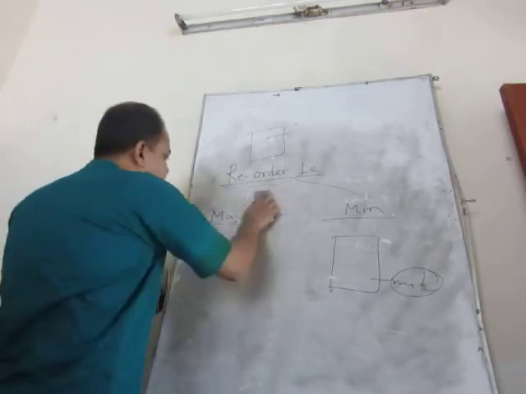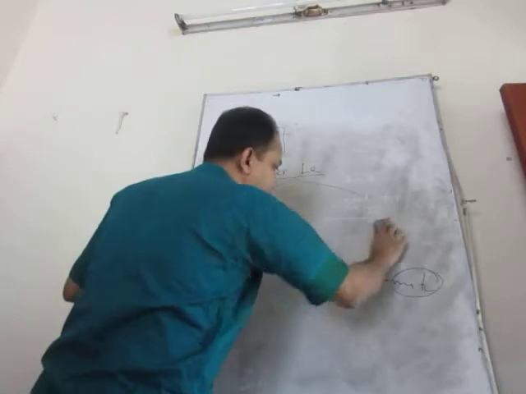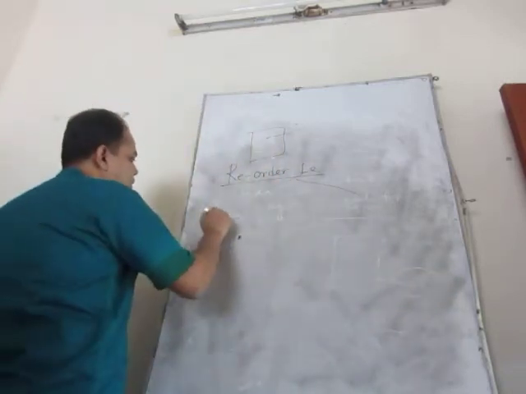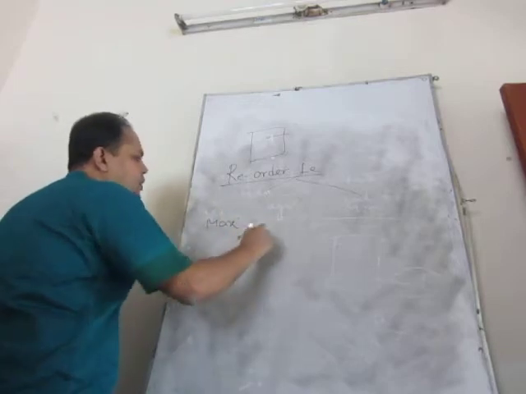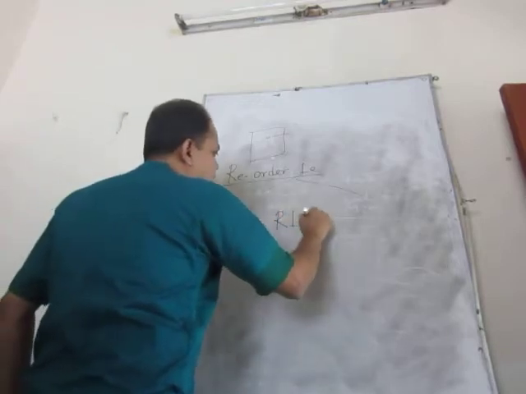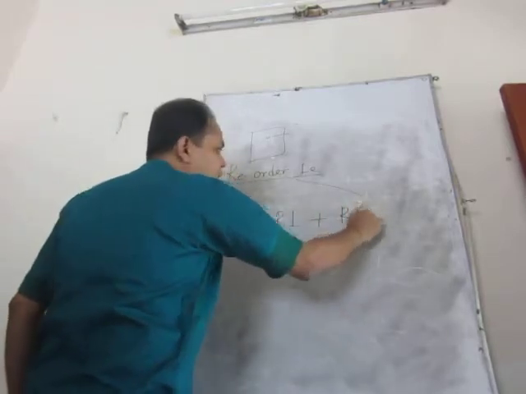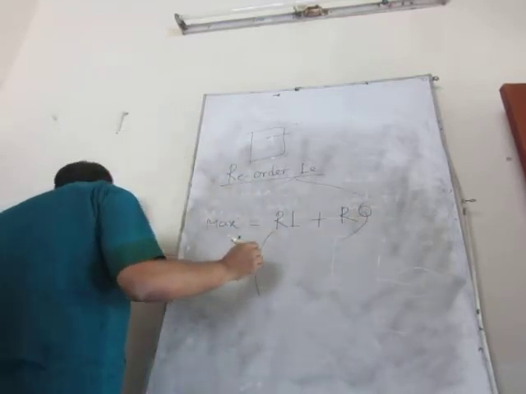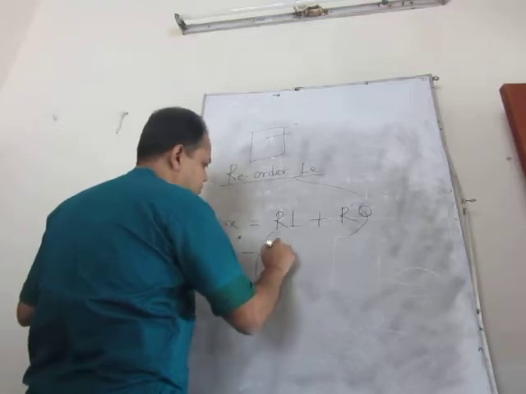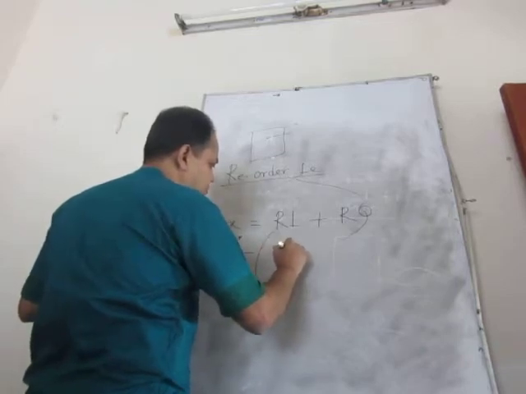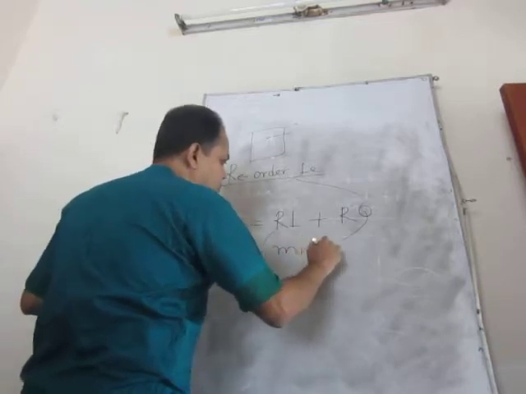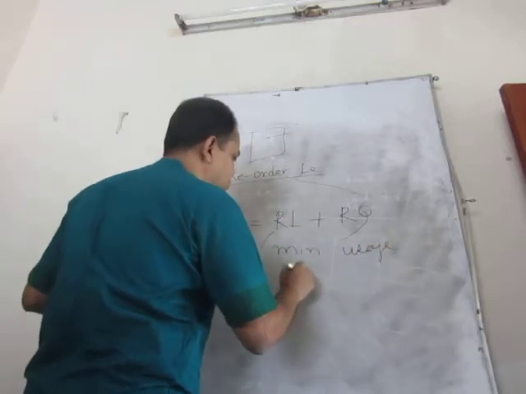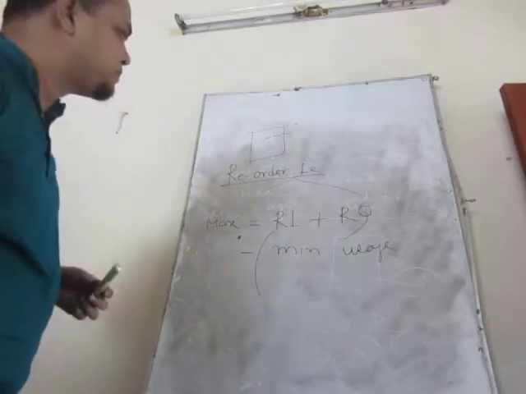So how can you calculate that? Max level equals reorder level plus reorder quantity minus minimum uses into minimum lead time.